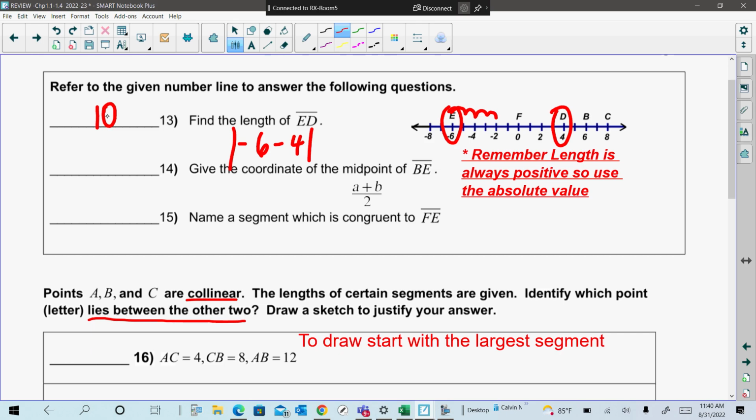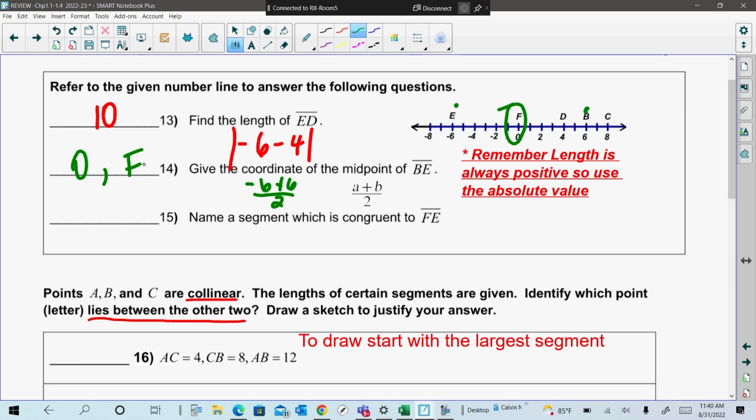The midpoint of BE, that's when you're taking the average of the two. So you take your coordinates of B, which was 6, and E. So -6 plus 6 divided by 2. The coordinate is 0. Some people put, well, that was F. So I would accept that as well, if you want to give me the actual letter that represents that coordinate.